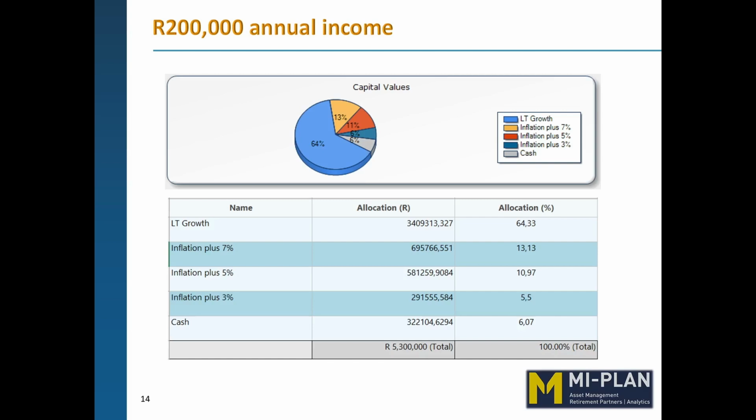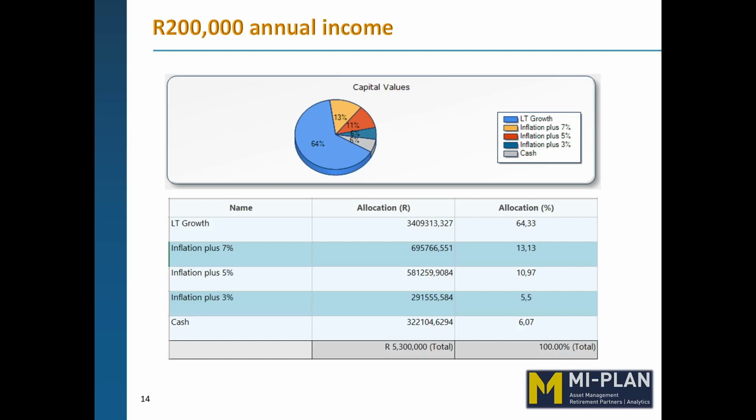In the tables that My Plan generates, you can see the values and percentages that have been allocated to the different categories. The category names are cash, inflation plus 3, inflation plus 5, inflation plus 7, and long-term growth. These categories were designed to match the time required to achieve a real return objective.